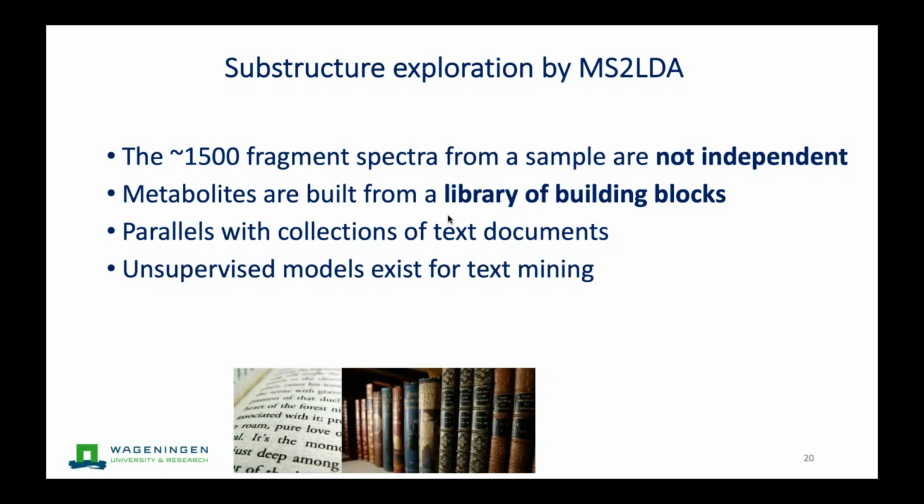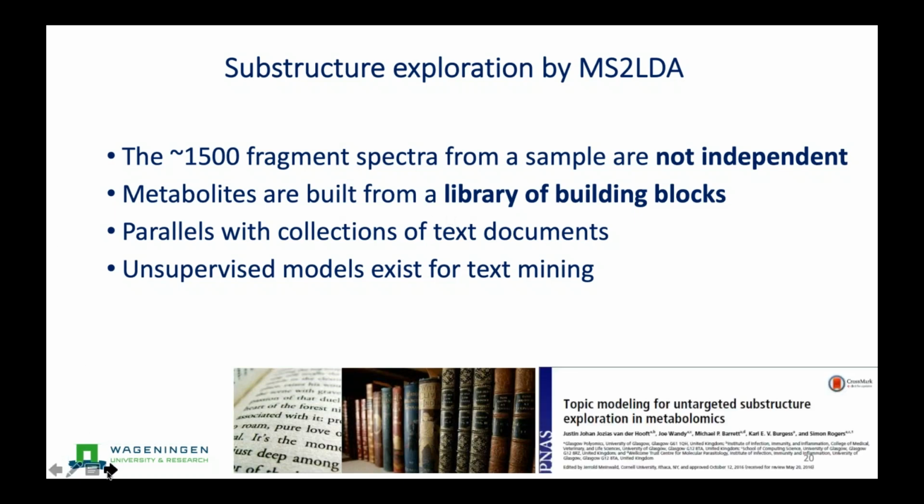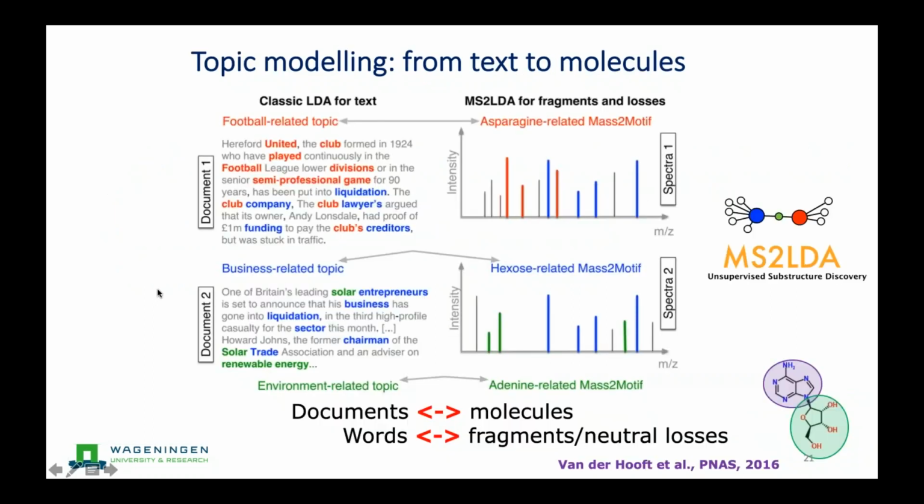And the nice thing is that for text mining, natural language processing, a lot of unsupervised models exist. And that resulted in our PNAS paper on the topic modeling for untargeted substructure exploration in metabolomics back in 2016. So here you see how the analogy works going from text to molecules.